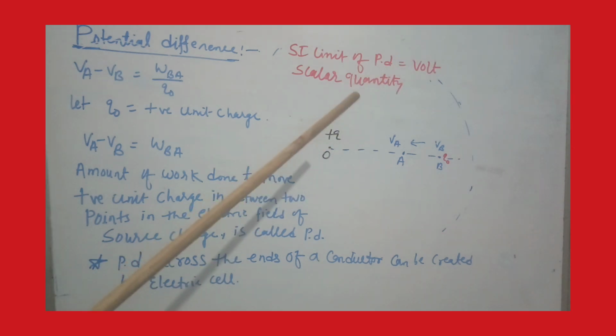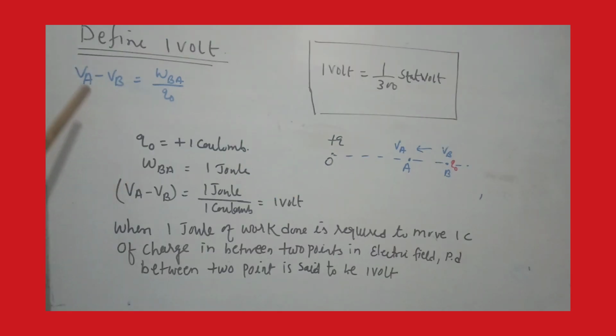Okay, now our next topic is the definition of 1 volt. Now we have the relation VA minus VB is equal to WBA upon Q naught. It means Q naught charge is moving from point B to point A, and WBA work done is required.